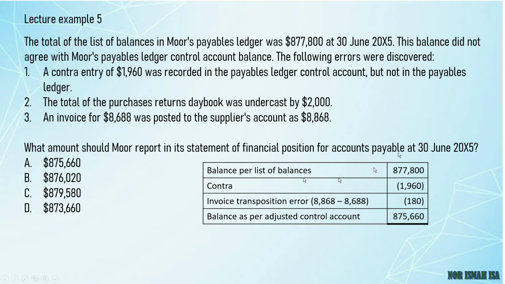You take the balance given here, 877,800, which is the balance per list of balances. We need to do it in statement format because the mistakes occur in the payable ledger, and we have two mistakes, one of which is the contra.